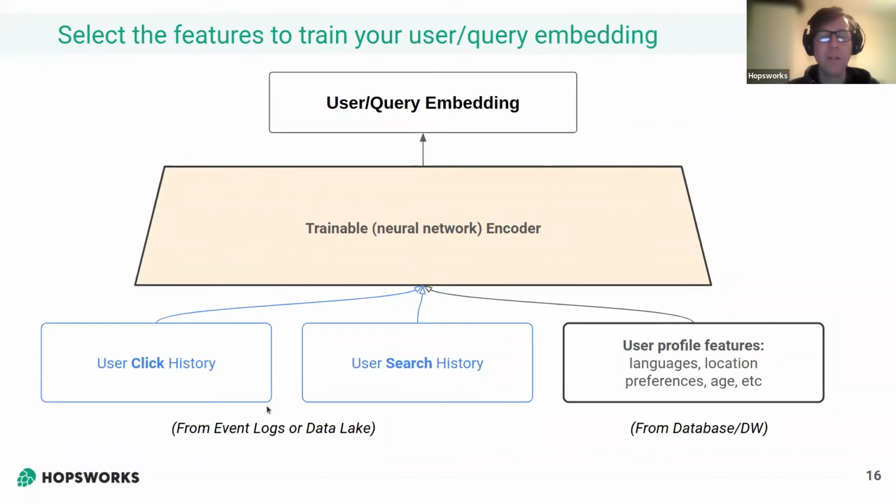So all these features that are historical or static or contextual about the user, and in particular the query that they're just issuing, you can again make as input features to your neural network encoder, so the autoencoder you're going to train, and then the output will be again the embedding, this user query embedding.